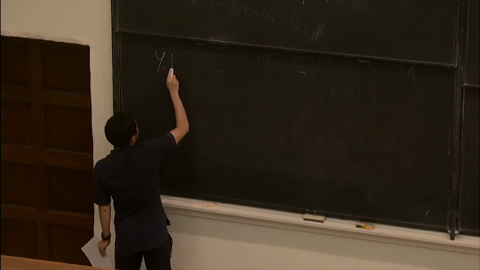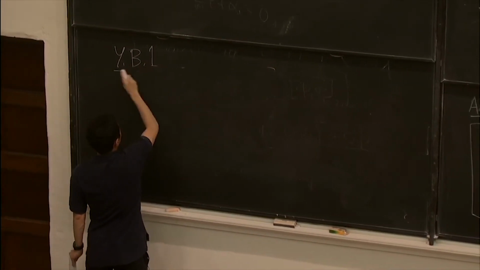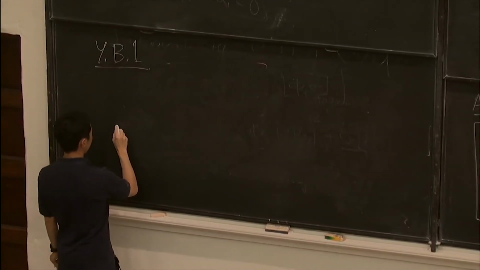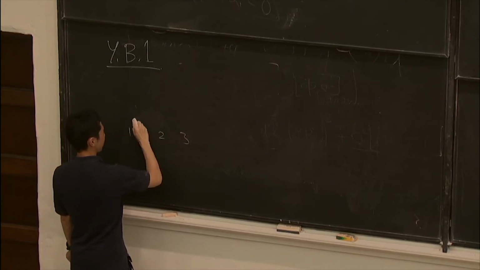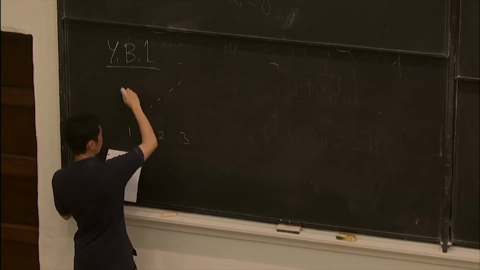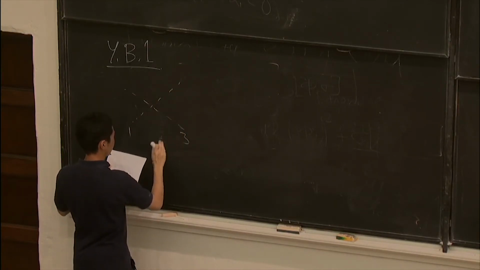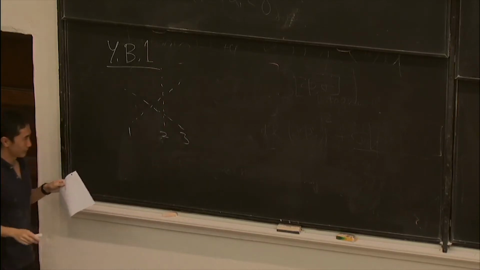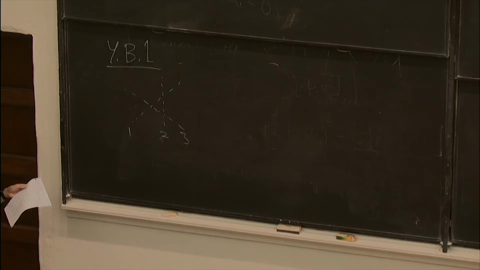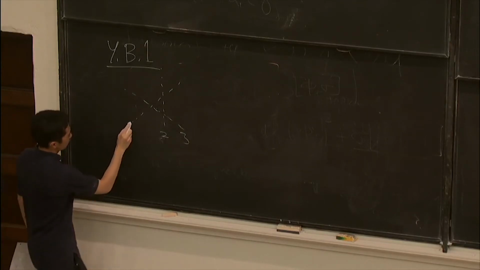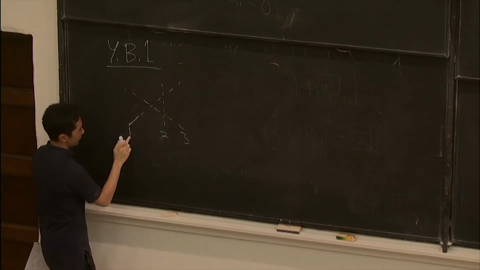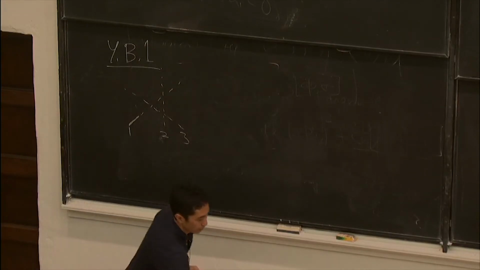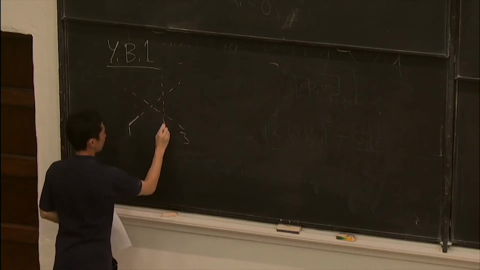Let's first consider one particular 3 to 3 scattering in which you have 1, 2, 3, and 2 must be here. So let's consider this 3 to 3 scattering, and then let's assume that particle 1 has this white index, and particle 2 has this red index.